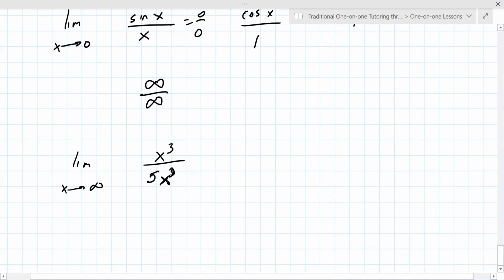It's infinity over infinity. This is a bad example, because you might already know it's 1/5 since the exponents are the same, but you can prove it with this by taking derivatives of the top and the bottom.